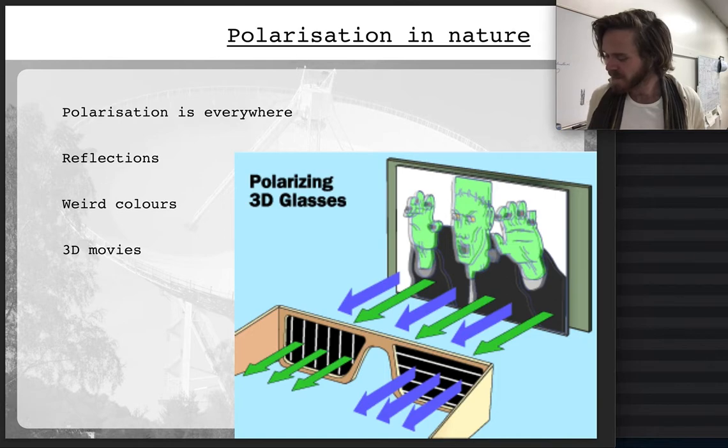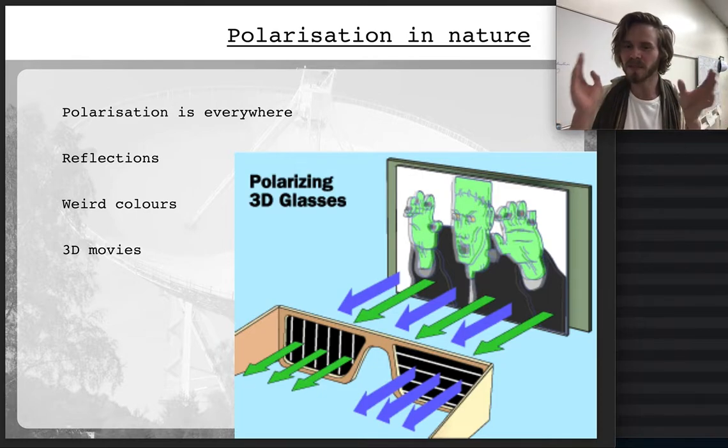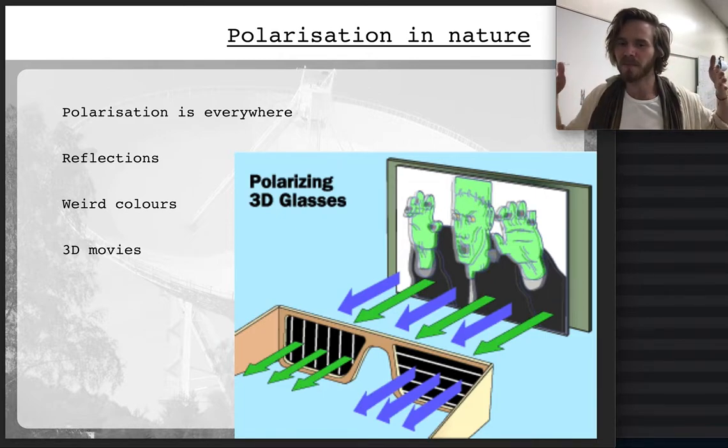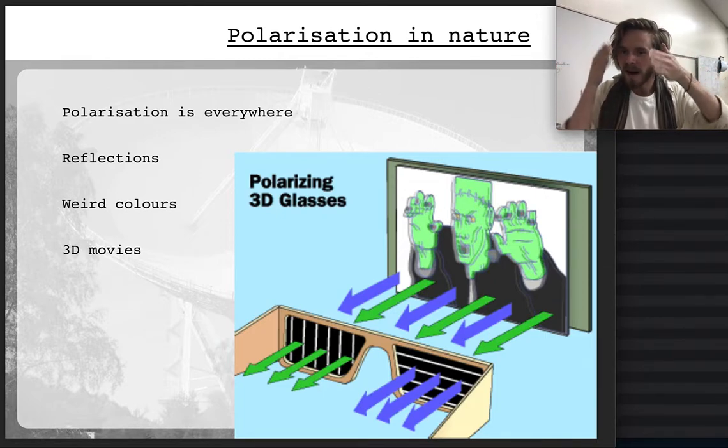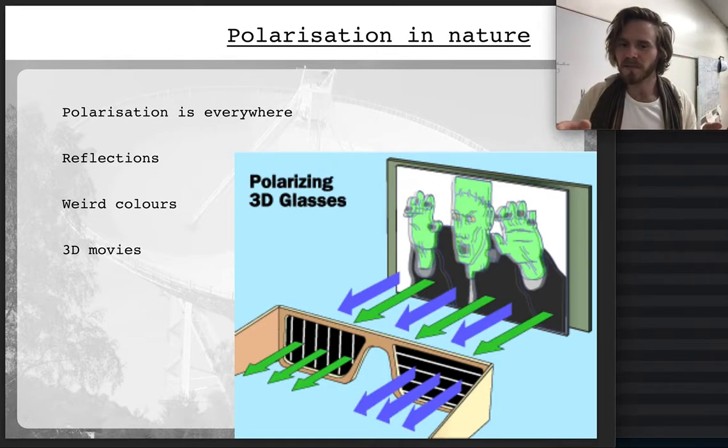So the other one that's happening more often these days is 3D movies, where the idea is you have this stereo vision that gives you the illusion of depth from the parallax between your left eye and your right eye. So this is achieved by having two images on the screen.